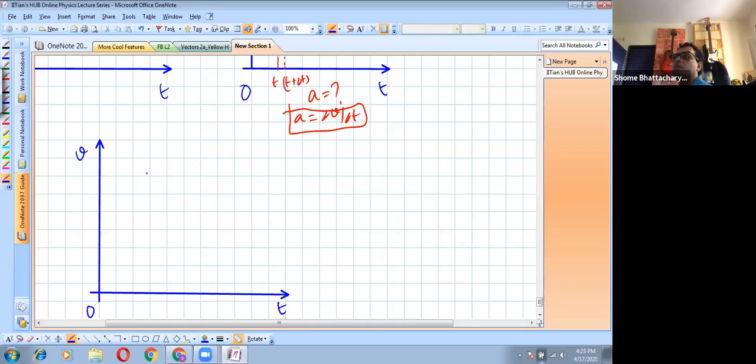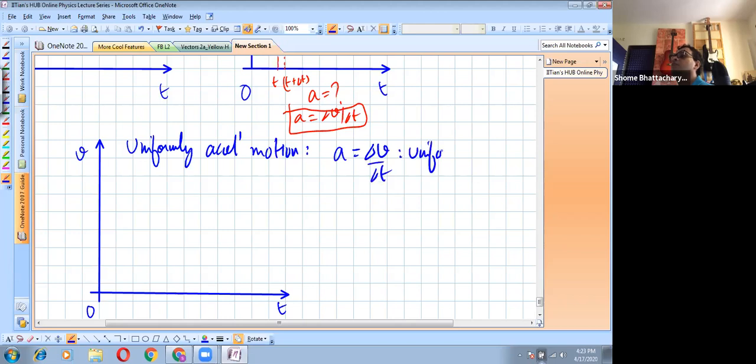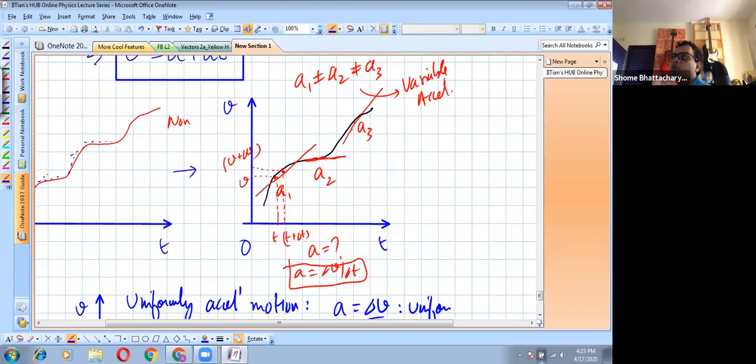So for a uniformly accelerated motion, the value of a, which is delta v by delta t, should be uniform everywhere. If I take any two points on the black colored line, the velocity time graph, and join them with a straight line, that line should have the same slope. It should not have three different slopes like A1, A2, and A3, the three red colored lines.